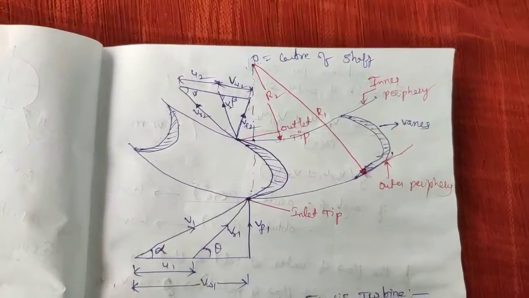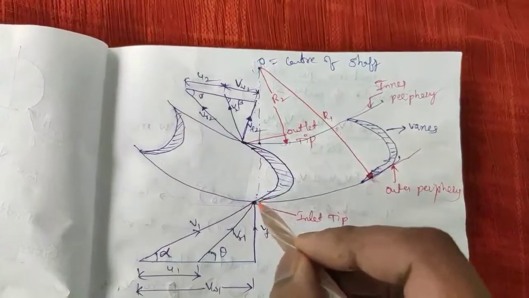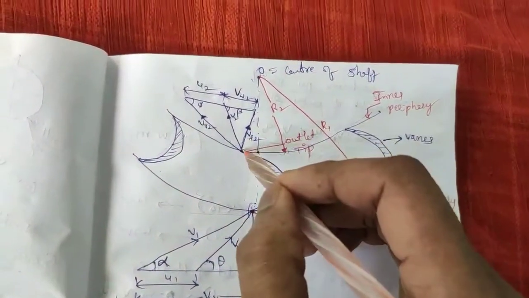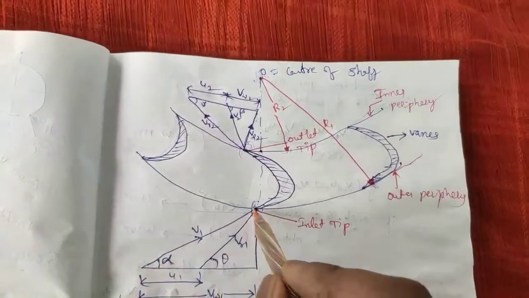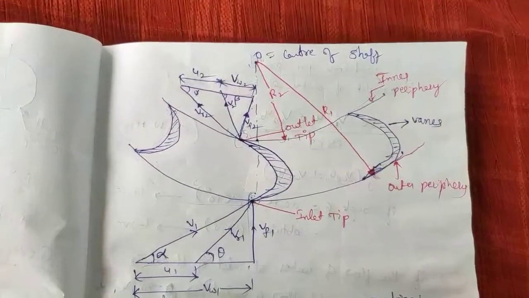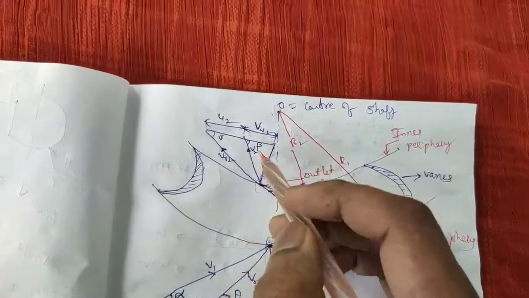Water comes from the guide blade and impacts the runner blade at the inlet tip and exits the water at the outlet tip. So at the inlet tip, the velocity diagram is like this, and at the outlet VR2, V2.